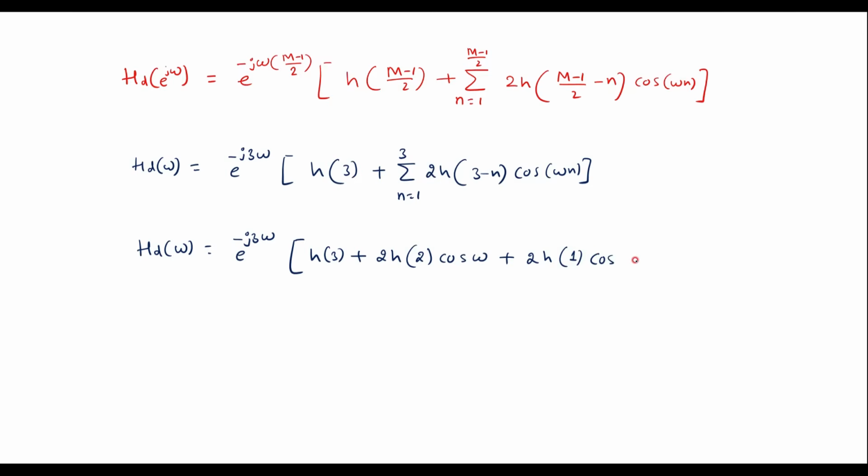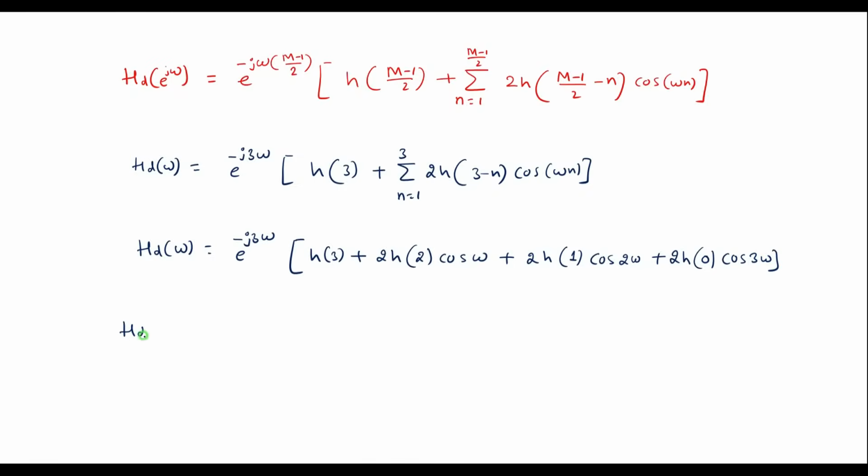We have cos 2 omega plus 2h of 3 minus 3 is 0. We have cos, n is 3, that is 3 omega.